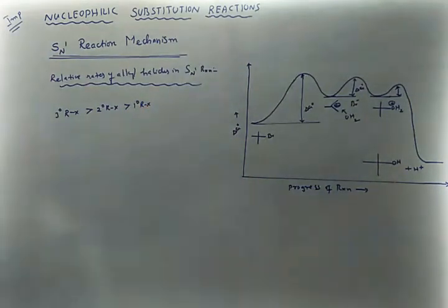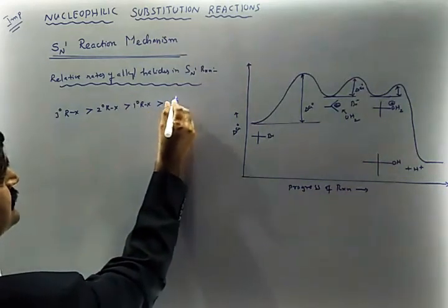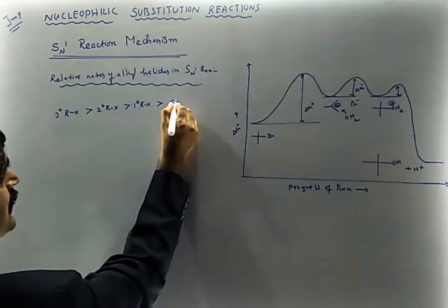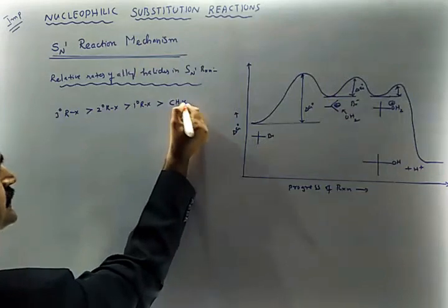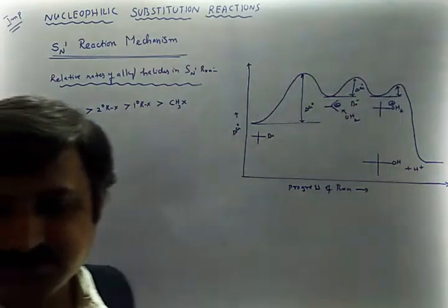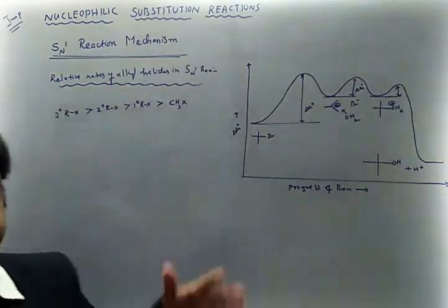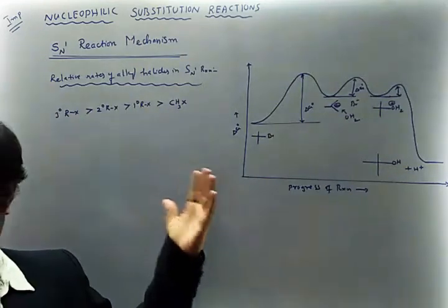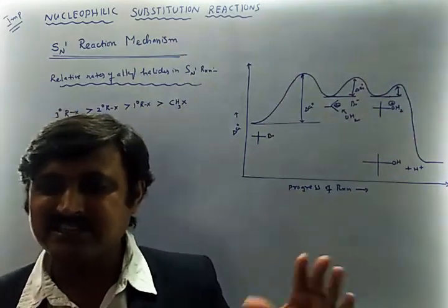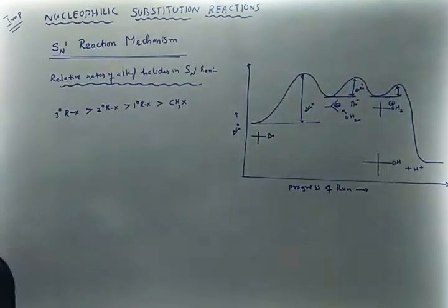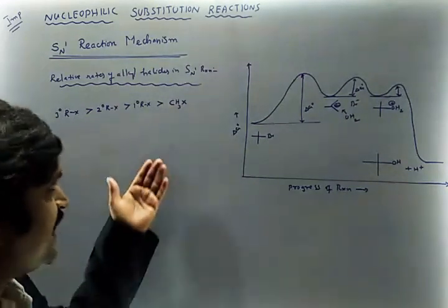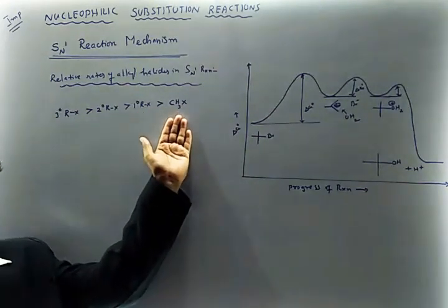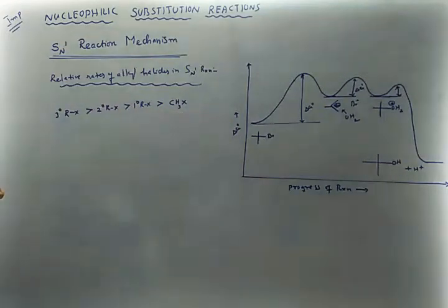After that we discussed methyl halides. Primary carbocation and methyl carbocation are unstable, so primary RX and CH3X do not undergo Sn1 reactions.